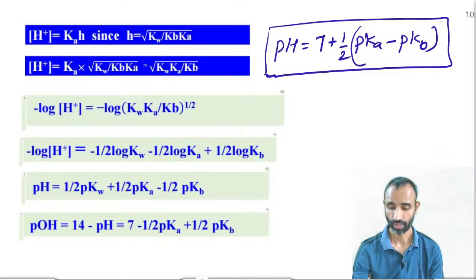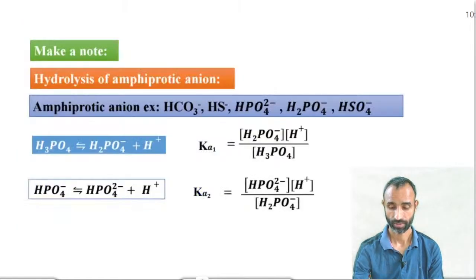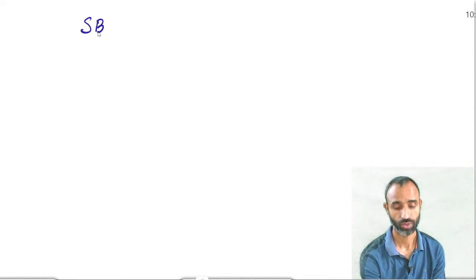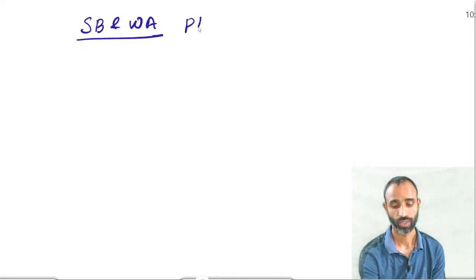So see, I write it first. If it is a salt of strong base and weak acid, what is the pH?